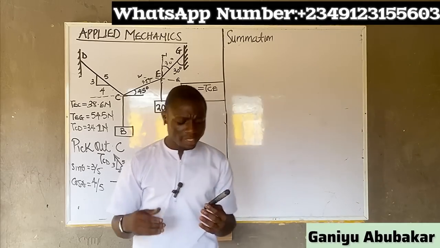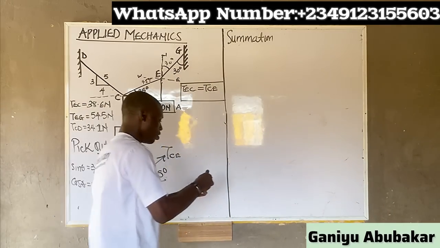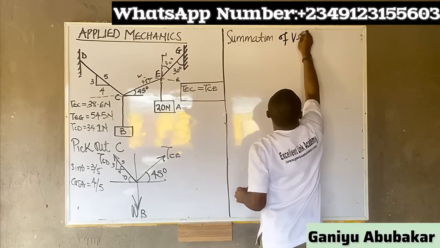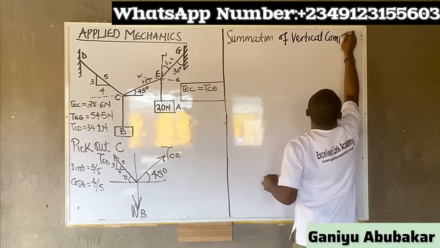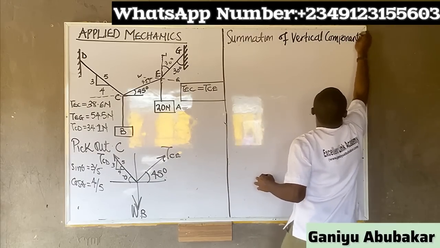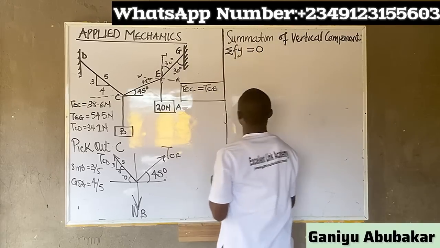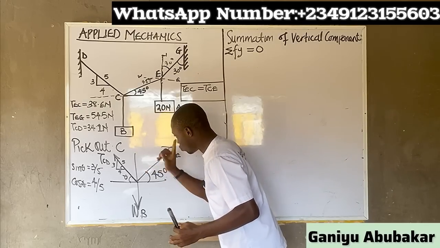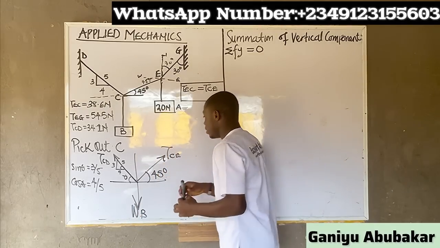Let's apply the second condition of equilibrium to get the value of the weight here. So summation of vertical component, that gives you summation of F of y equals 0. For y, if I resolve TEC to the vertical, that gives you TEC sine 45.